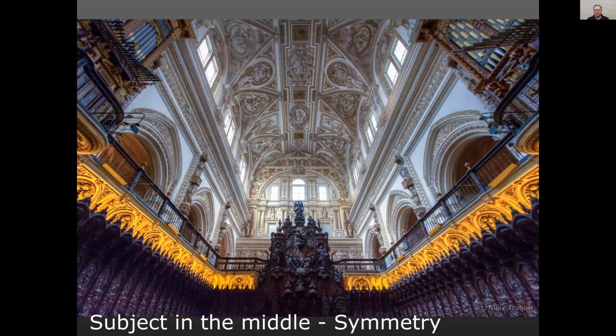Now, what do you do with a subject once you've decided what you're going to use as a subject? Well, one choice is to stick it right in the middle. And for some photographs, that really works well. Architecture, putting the subject right in the middle and having symmetry around it can often be very, very effective.